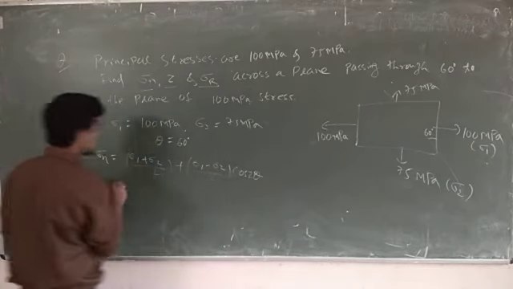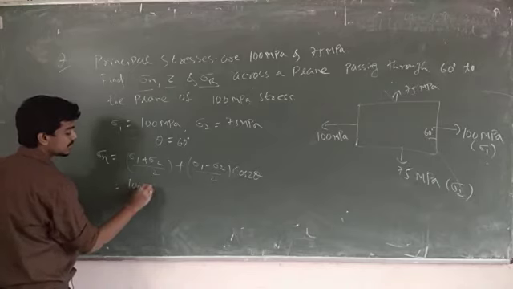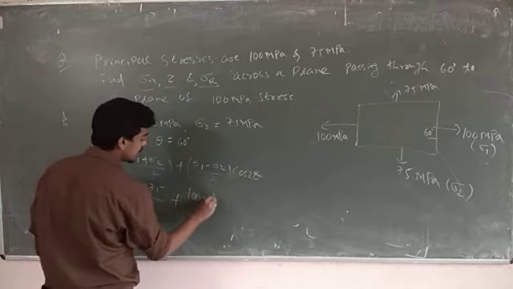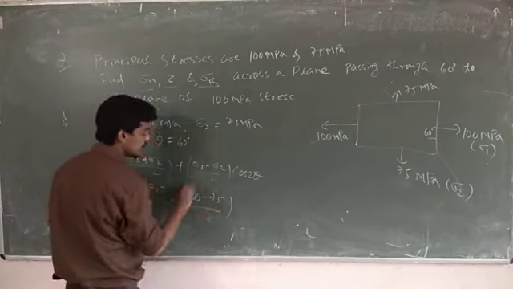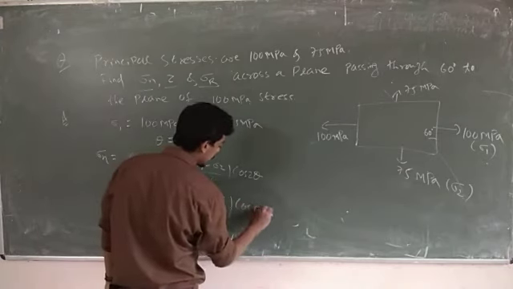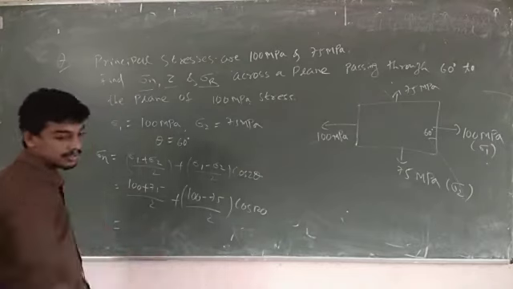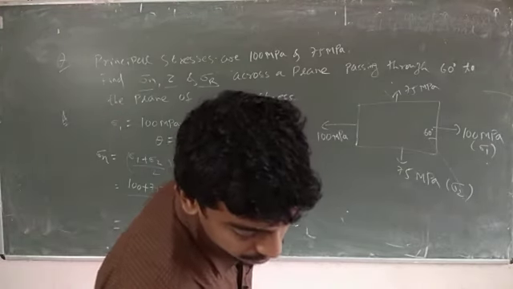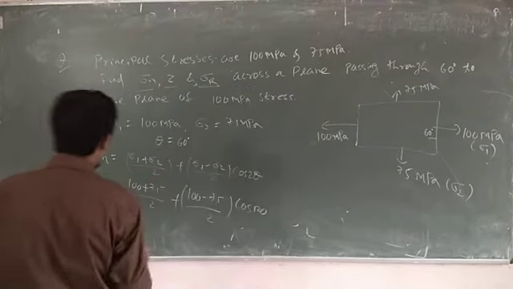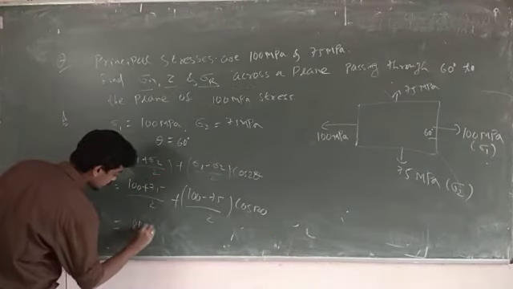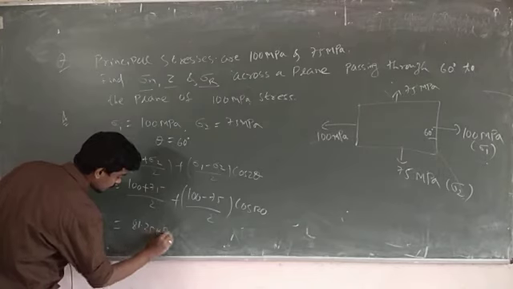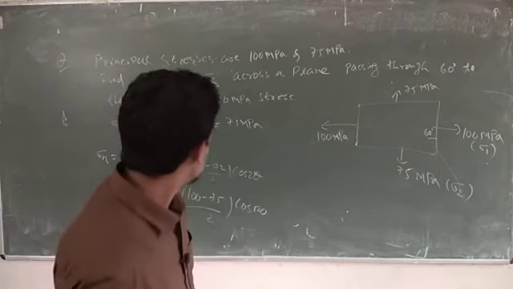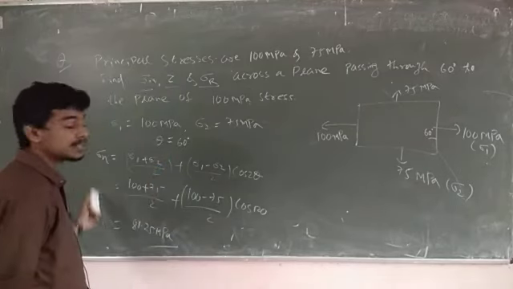Put the values: 100 plus 75 by 2 plus 100 minus 75 by 2 into cos 120. Whatever value comes will be your answer. It is coming around 81.25 megapascal.